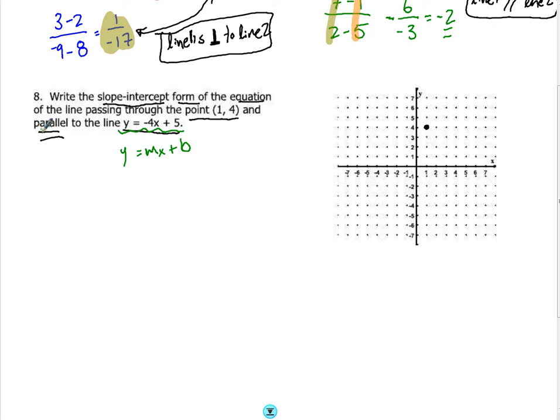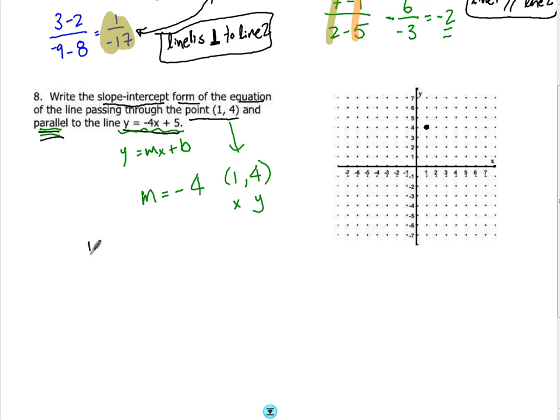The slope of the given line was negative 4, so the slope of my line has to be negative 4. What I know about my line is that the slope is negative 4 and it passes through the point (1, 4), an ordered pair with an x value and a y value.